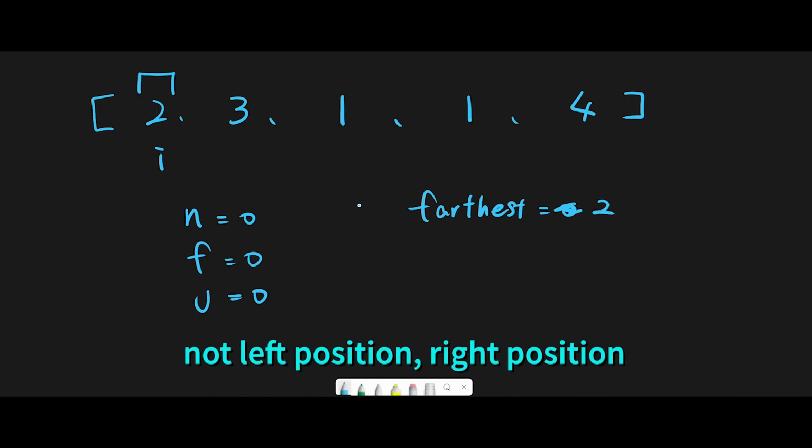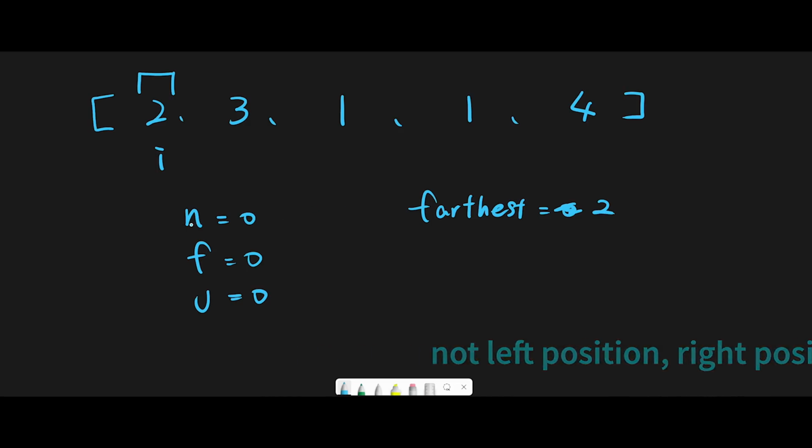Before we move on, it's time to update the near position, far position, and jump. The current near position is here and the far position is here. This question guarantees that we can reach the goal, so at least we have to move once from the current range. The most left position of the next range is the far position plus 1.